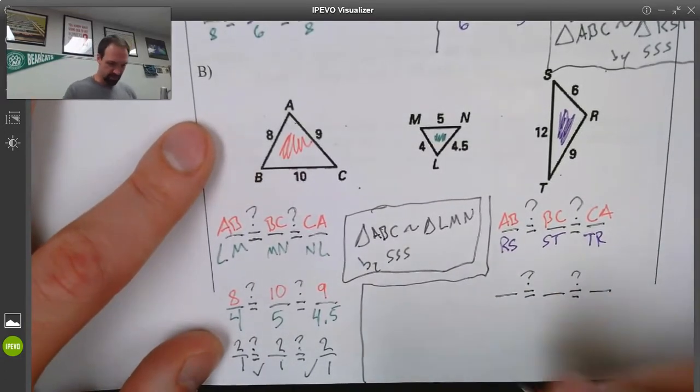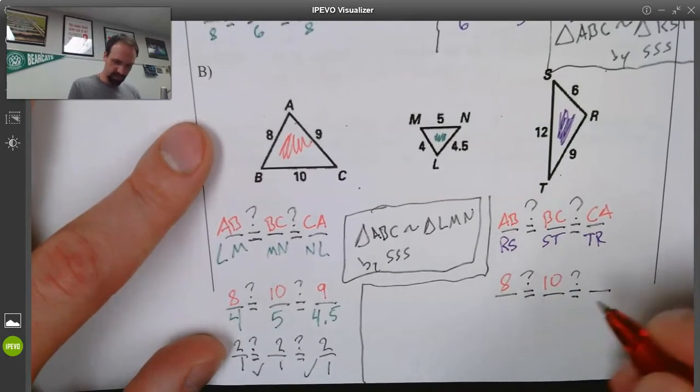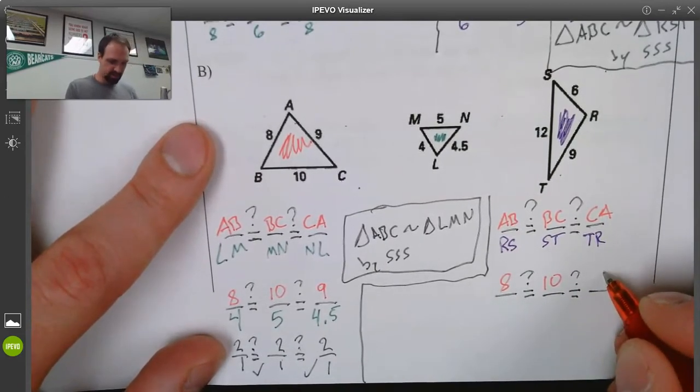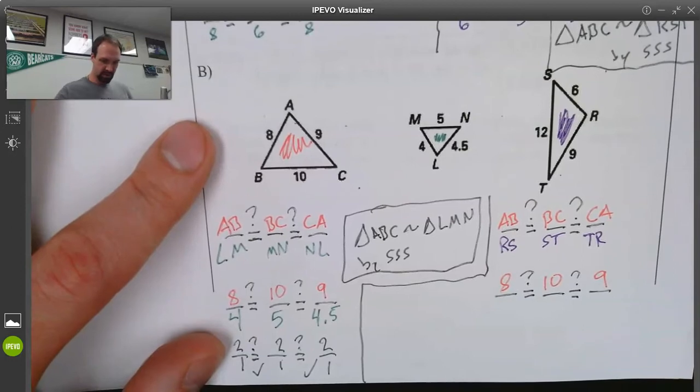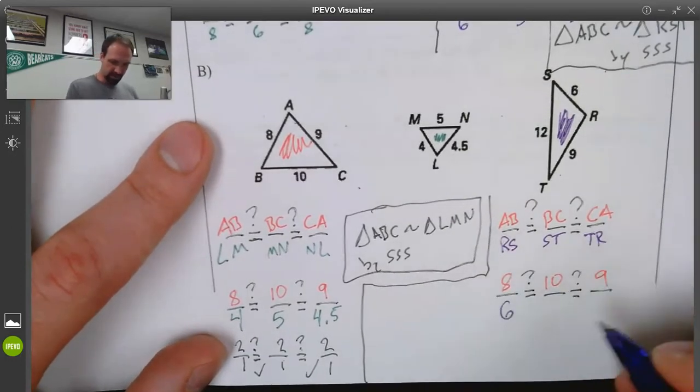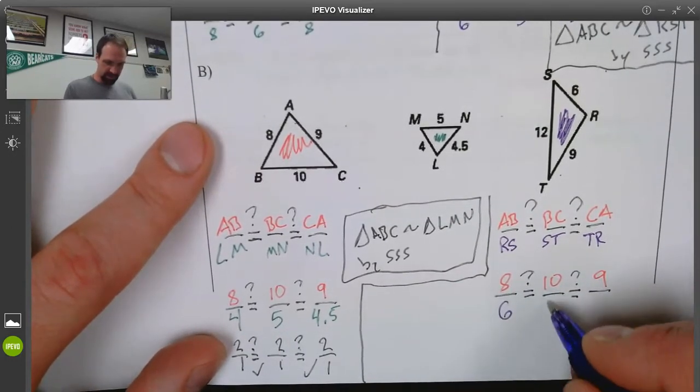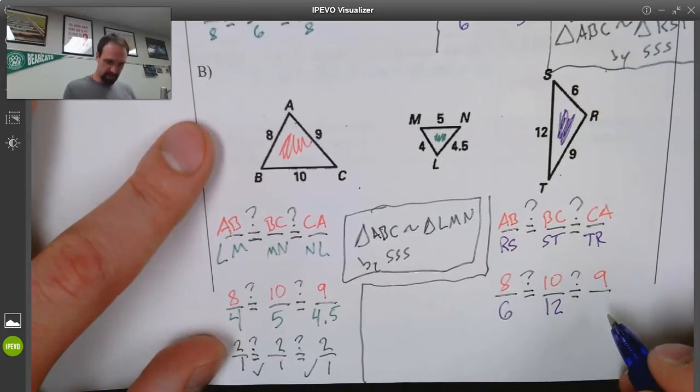So A to B is still 8, still 10 for B to C, and then C to A is still 9, and then R to S is 6, S to T is 12, and then T to R is 9.